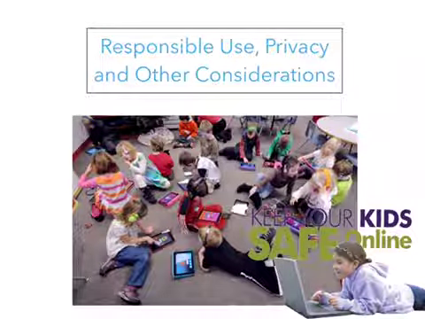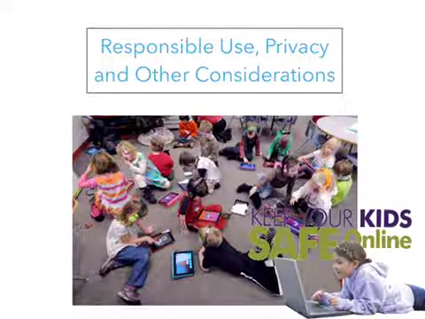Responsible use, privacy, and other considerations. As schools transition to online assessments, the districts are responsible for maintaining up-to-date software, security, and privacy settings, and to protect student data. Sometimes it will be necessary to install special software tools to take care of these things. Likewise, districts do need to decide how much student access exists for each device.